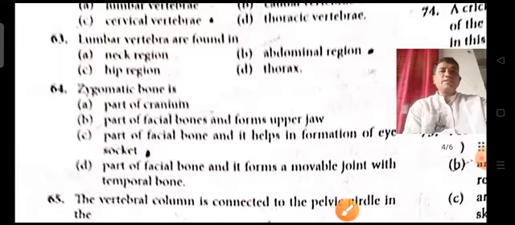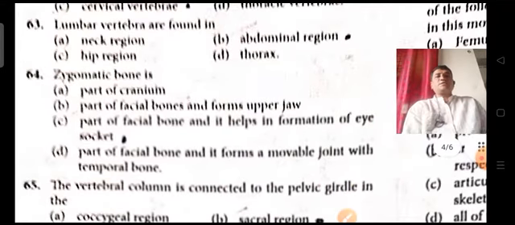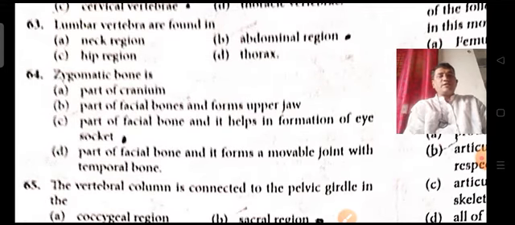Next, coming on to the 64th question. Here zygomatic bone is part of the cranium, part of a facial bone and forms the upper jaw, part of a facial bone and helps in the formation of the eye socket, part of a facial bone and forms the movable joint.